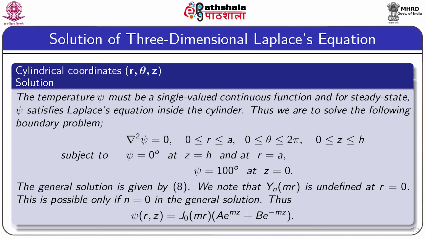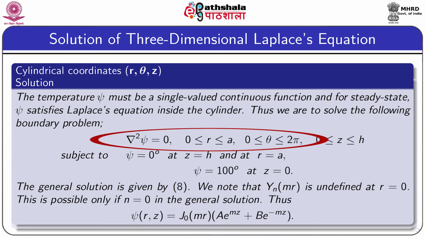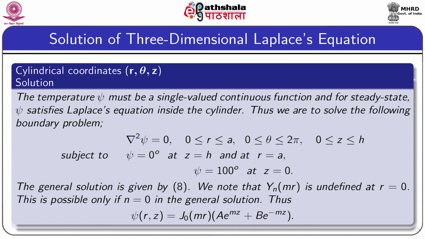We have to find the temperature ψ, which is a single valued function, and this is for steady state, and this ψ will satisfy the Laplace equation ∇²ψ = 0, where 0 ≤ r ≤ a, 0 ≤ θ ≤ 2π, and 0 ≤ z ≤ h. The boundary conditions are ψ = 0 at z = h and ψ = 0 at r = a. And the third boundary condition is ψ = 100 at z = 0.